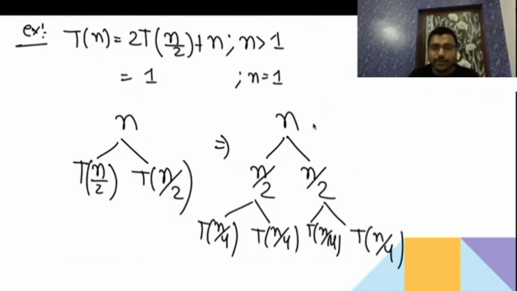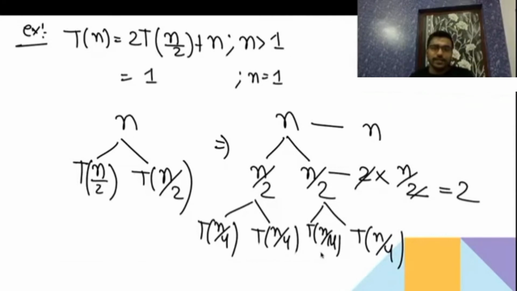So here you did n amount of work, here you did 2 into n by 2, because this n by 2 amount of work, twice. Now please write it till now, then I will go to the next slide. If you are done with the writing, please let me know. In this problem I am not writing everything, I think that it is clear.